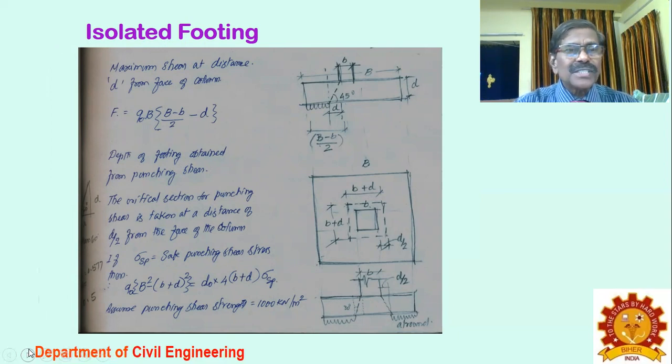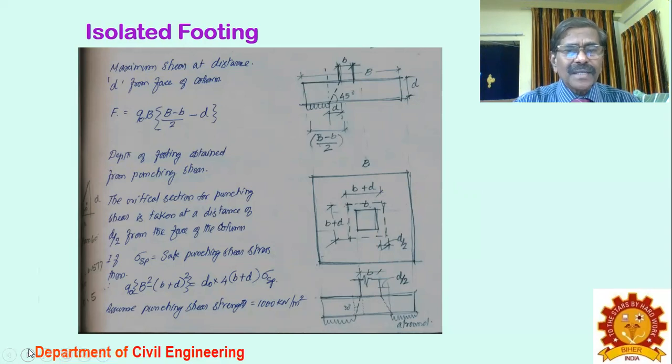So the shear force is Q naught B, where B is the length of the footing, B minus b by 2 is the width, minus d is for the distribution of the concentrated load at 45 degrees. So you get that formula. The depth of the footing is obtained from the punching shear value. The critical section for the punching shear is taken at a distance of d by 2 from the face of the column.